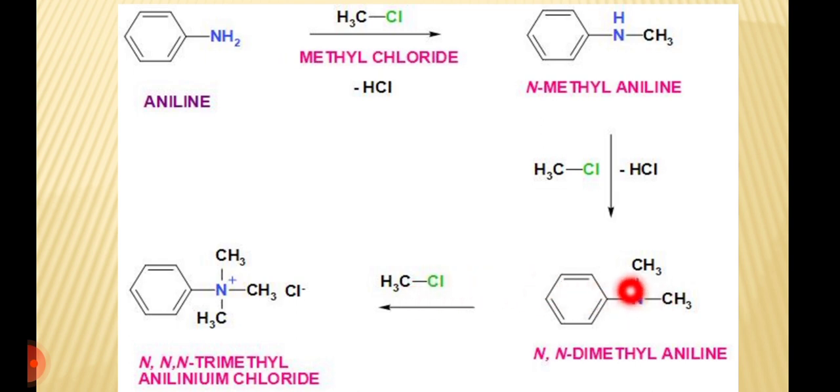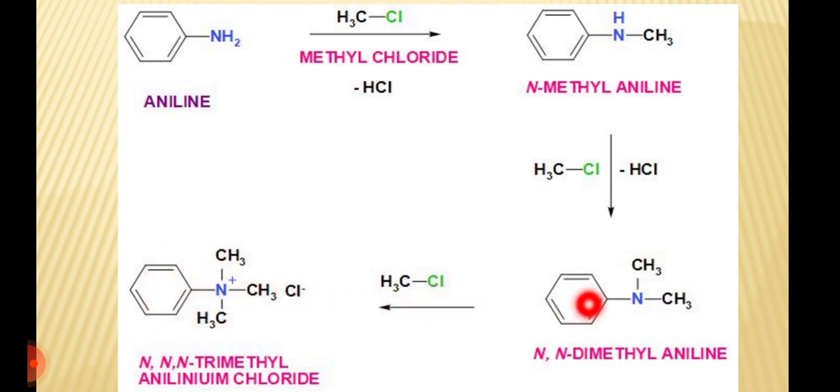This nitrogen then attacks on this carbon to bring about the reaction to give a product where we have a positive charge on the nitrogen. So this compound is called N,N,N-trimethyl anilinium chloride.